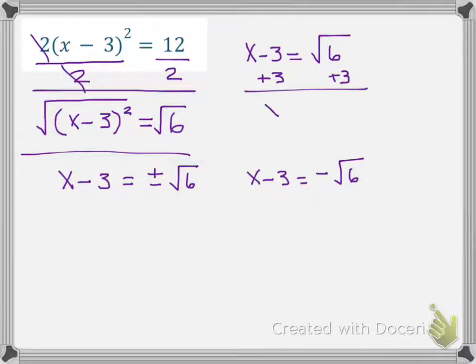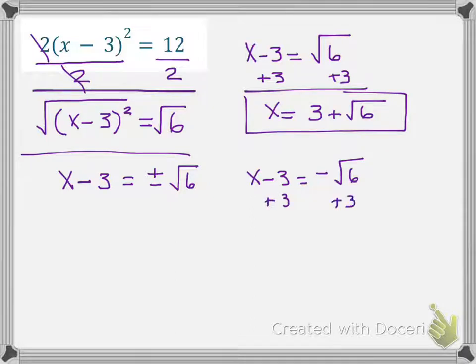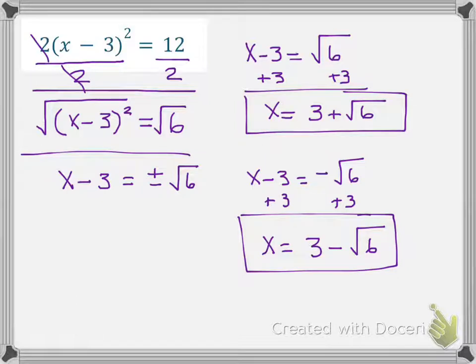And we get x equals 3 plus the square root of 6. That's one solution. And add 3 to both sides here. And we get x equals 3 minus the square root of 6. And that's our other solution. That's number one.